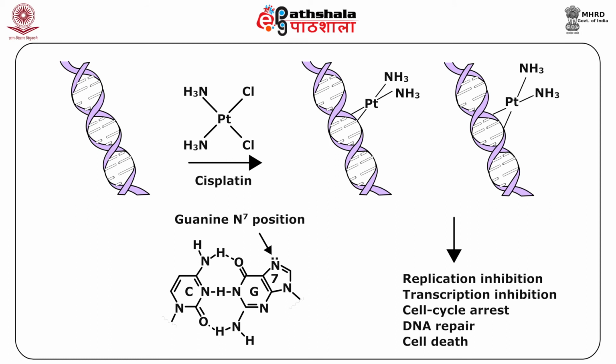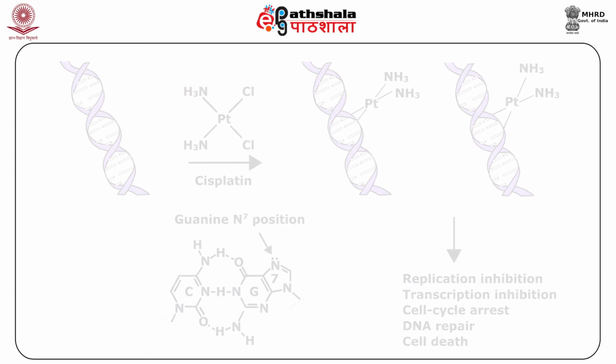Studies in vitro as well as in vivo indicate that platinum binds with nitrogen 7 of two intrastrand adjacent guanine bases of DNA. This binding changes the active conformation of DNA, leading to inhibition of DNA replication or cell division. The binding of cisplatin to DNA seriously interferes with the ability of guanine bases to undergo Watson-Crick base pairing.